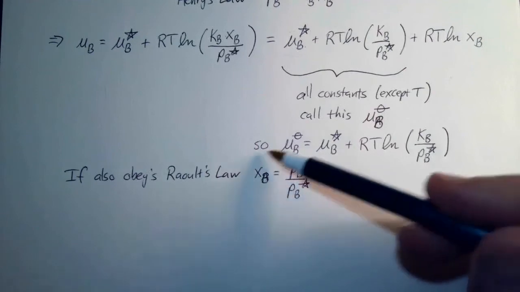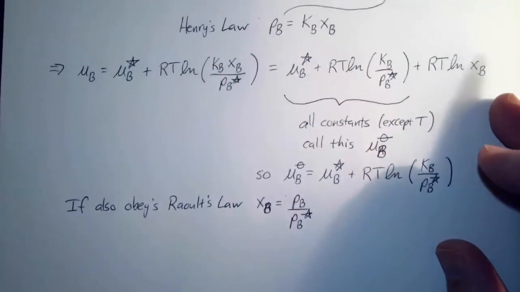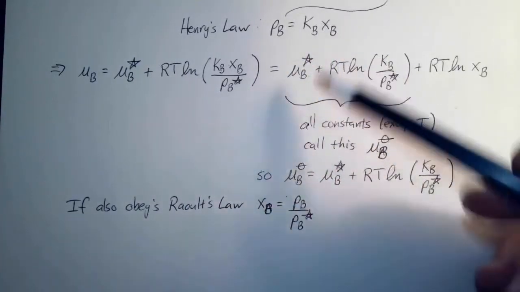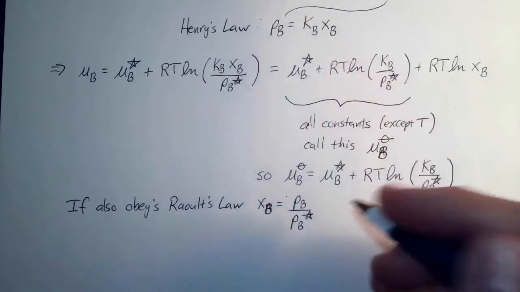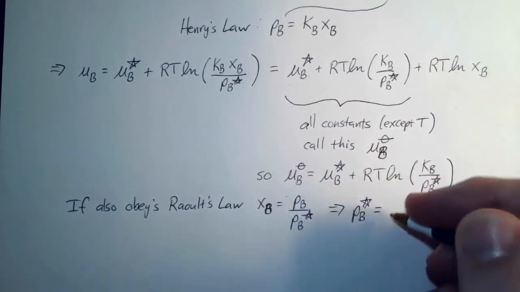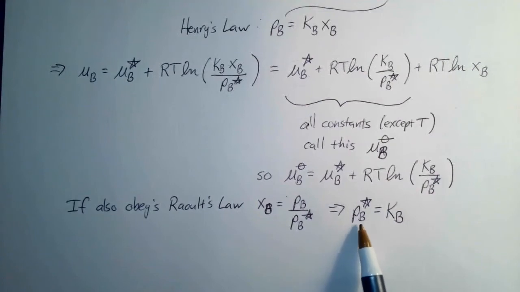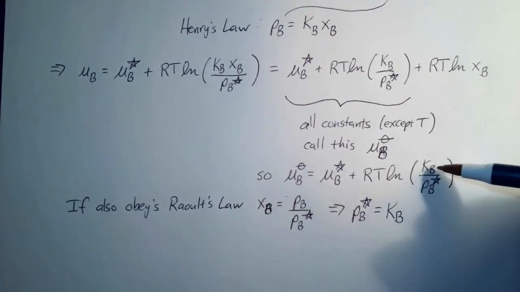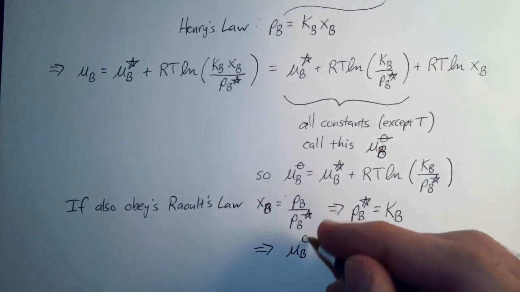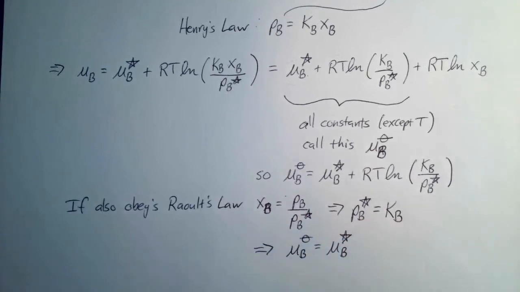And so now we're talking about something that obeys both Raoult's law and Henry's law, in which case we can take this formula for X, put it up here, and you see that the PBs will cancel, and I can solve this for PB star, and it equals KB. And if that's true, then this is the natural log of 1. And so in this case, mu B standard is just mu B of the pure substance.